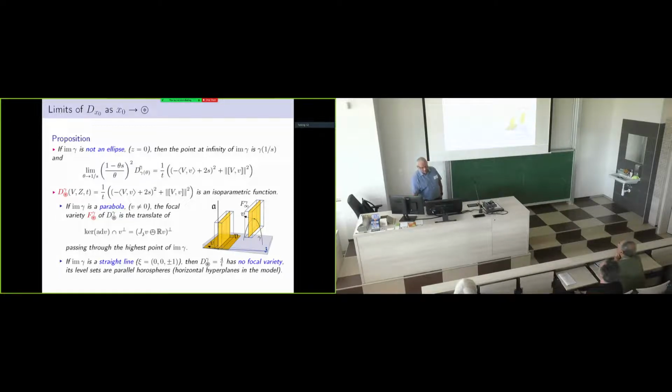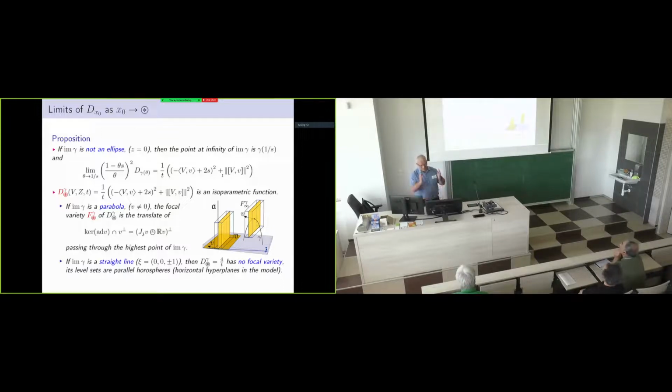But if simultaneously we normalize this function, dividing by a constant which depends on theta, then with this normalization we take the limit of the function d gamma theta, and there will be a nice limit function, maybe this one, and this limit function will also be an isoparametric function.